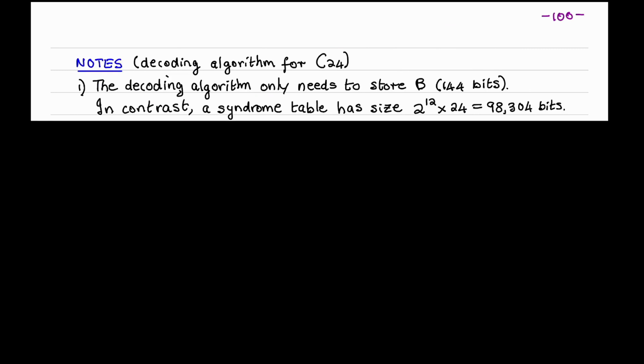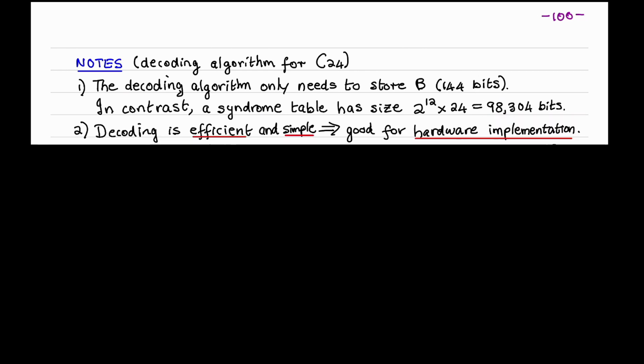We've seen that the C24 decoding algorithm only needs to store the matrix B, which is only 144 bits in size. In contrast, a syndrome table for C24 has size approximately 98,000 bits. Also, decoding is very efficient and simple.